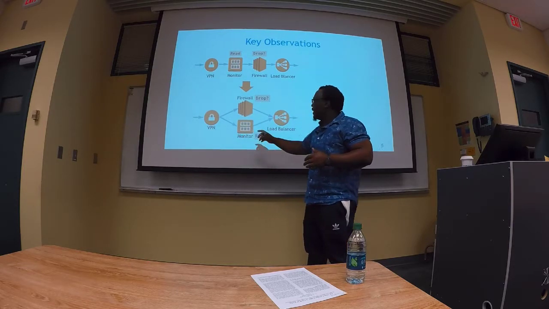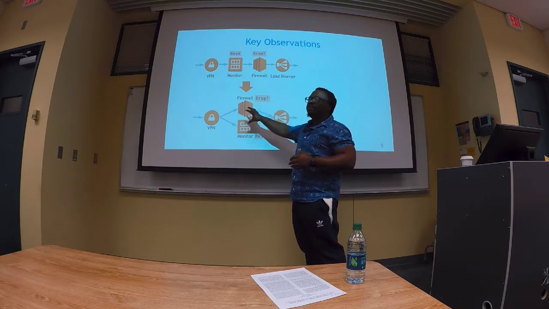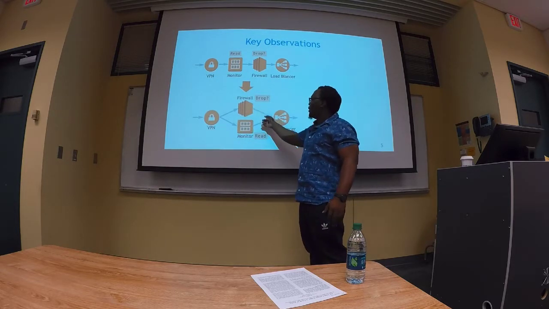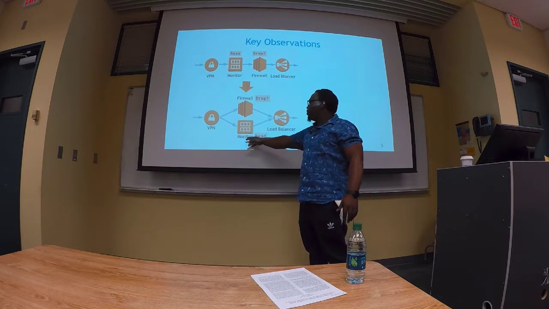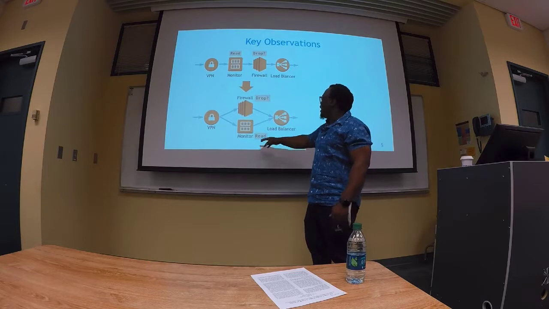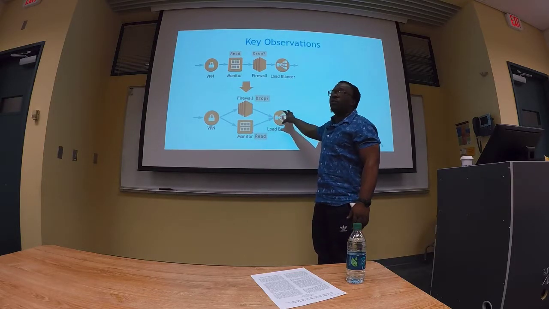But at the end of the day, they both have different functionalities. If the firewall drops the packet, and the monitor is only reading the packet, it's not going to make any difference. Now, what happens when it gets to the load balancer?